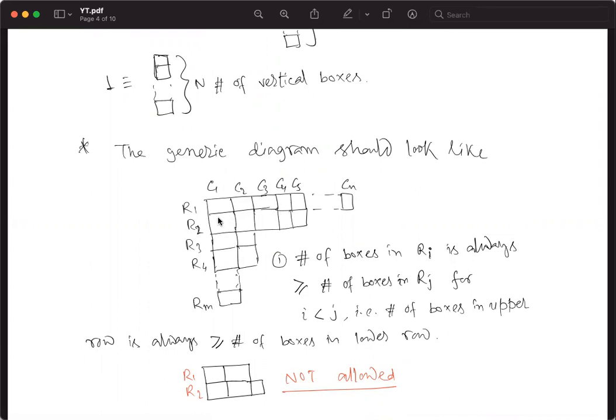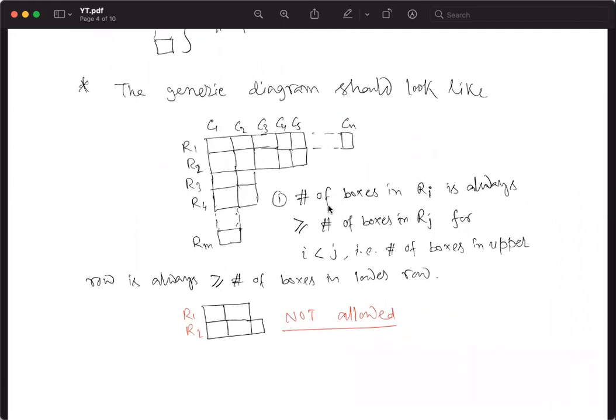Let's consider there are n columns, and horizontally there are rows like R1, R2, R3, R4, and so on to Rm, where m and n could be anything. Now we have to remember while drawing this diagram that the number of boxes in Ri is always greater than or equal to the number of boxes in Rj for i less than j.